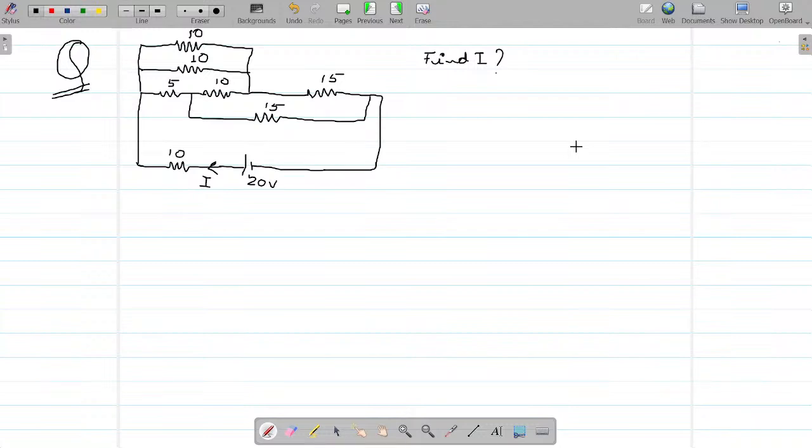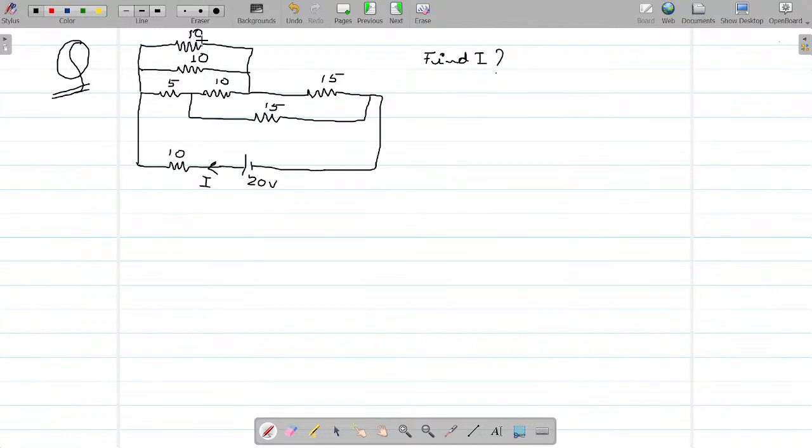See, let's just break it down to easier parts, and then you will realize how this structure works. As of now, we don't see any bridge kind of structure, right? At this point, we cannot say if this is a balanced bridge or not. We cannot make any statement as of now.